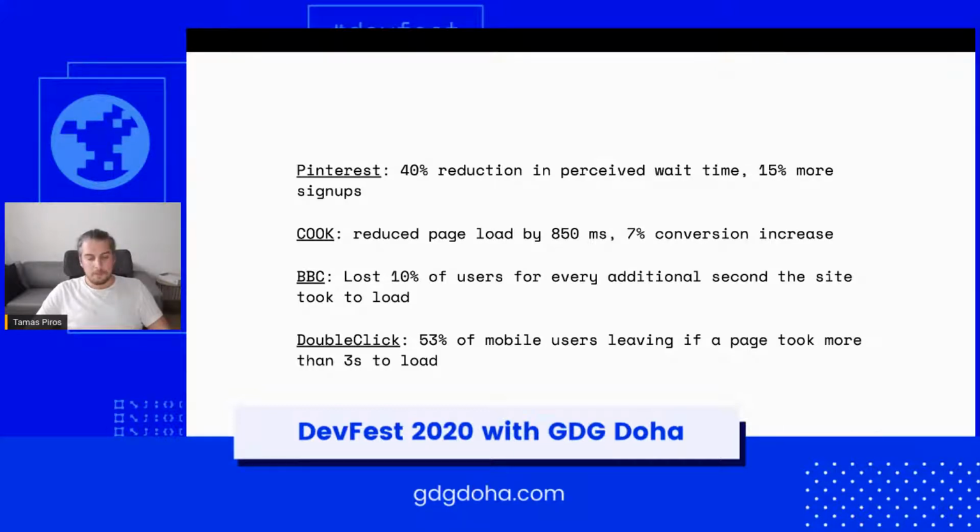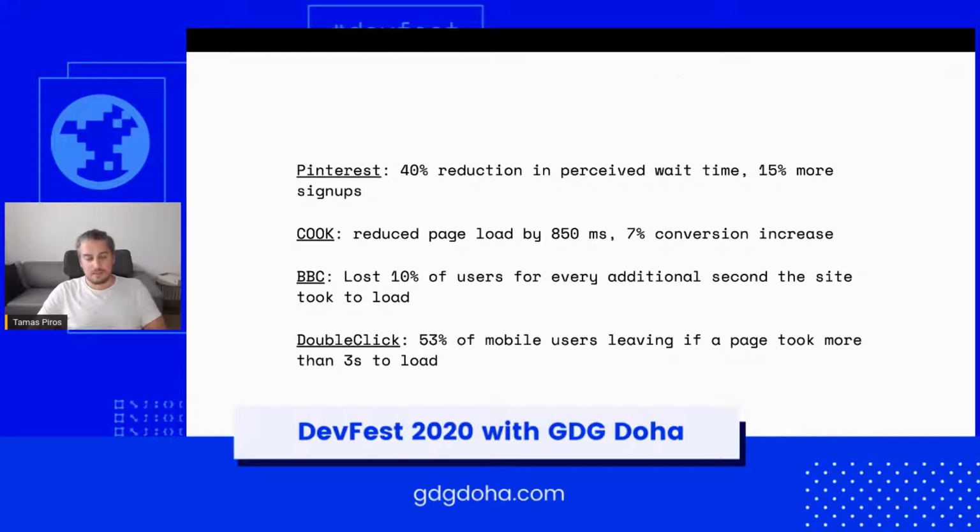The BBC lost 10% of users for every additional second the site took to load. Again, the BBC is one of the largest websites in the UK for news, for sports, for checking the weather, watching TV shows, all sorts of stuff. Now, if you think about it, what we're saying here is that for every second, they lose 10% of their overall visitor count.